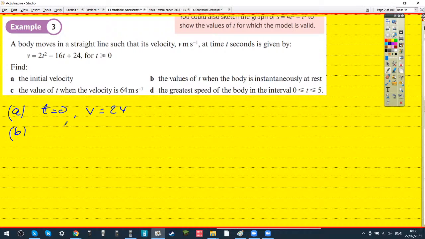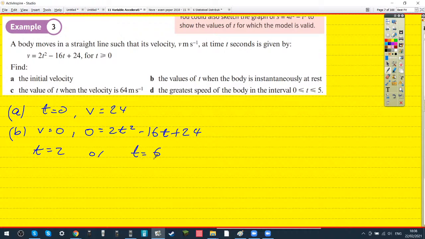Is it now V is 0? Yes. And so that will be T is either 6 or 2.